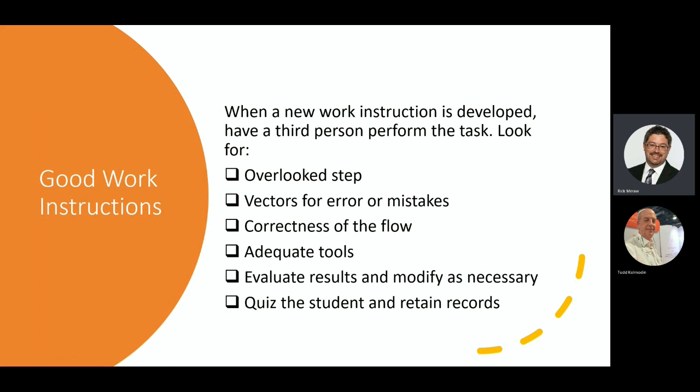And one of the things that everybody needs to do is take a step back and look at, is it the most efficient way? One of the things that Todd mentioned in the beginning was environment and space and things like this. And it's very important. If you're taking work instructions for a dedicated process, and it's a monotonous process, you want to do something that makes the operator stay alert, right?